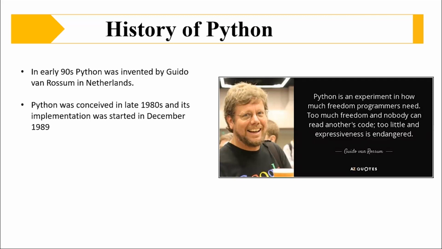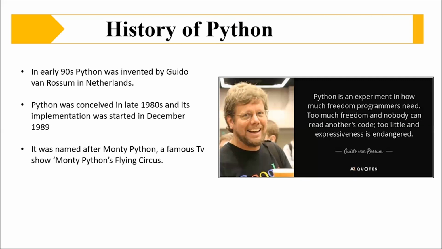The reason is this person, Guido van Rossum, was fond of a famous TV show or British comedy series known as Monty Python's Flying Circus. This person was a big fan of a famous TV show known as Monty Python's Flying Circus. So this programming language Python was named as Python because of this TV show.